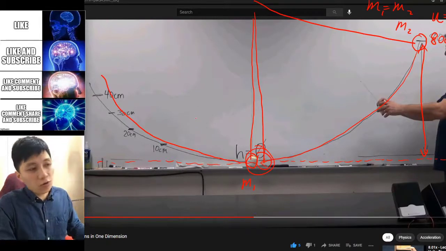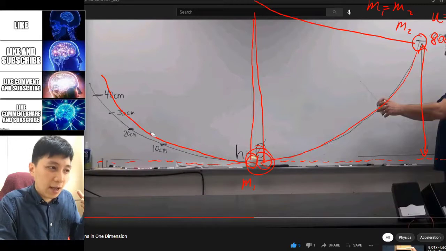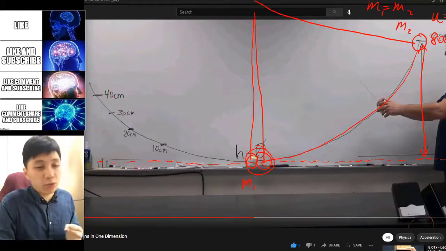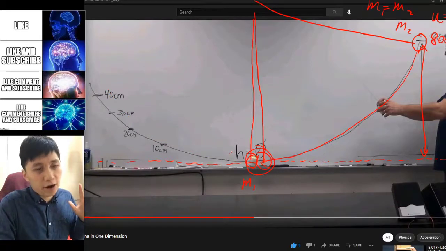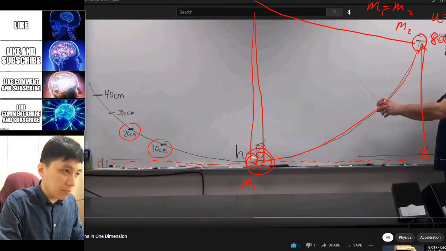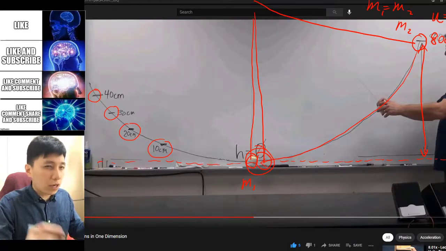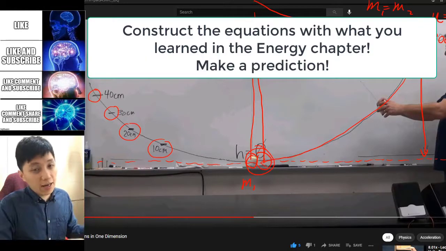What I'm asking you is to predict how tall they will go up to. There are 4 options: 10 cm, 20 cm, 30 cm, or 40 cm.